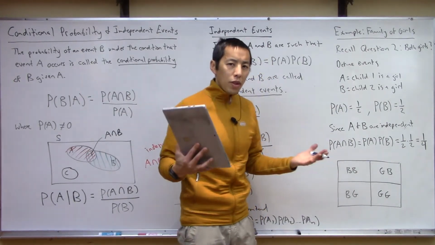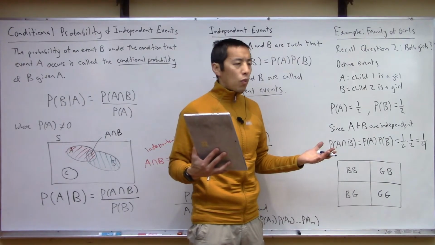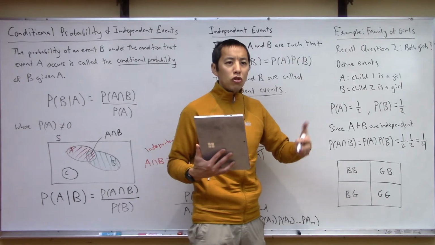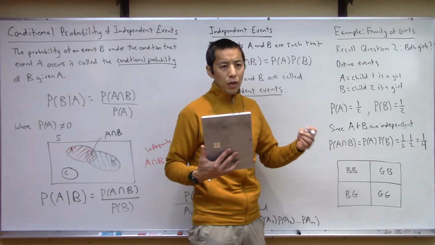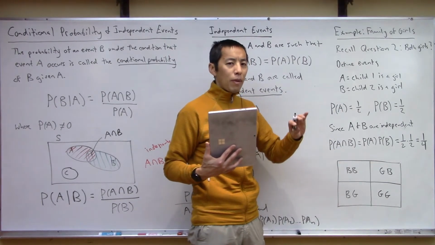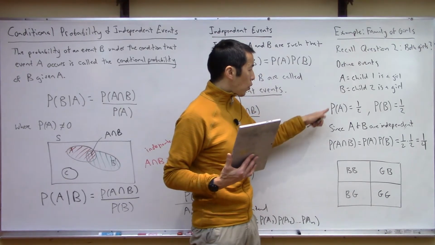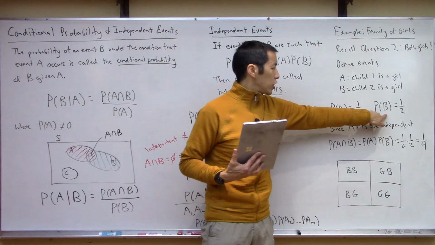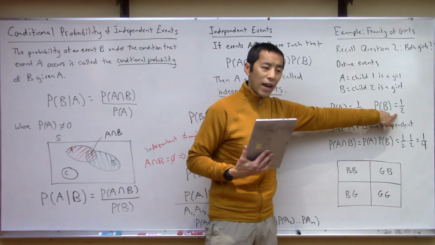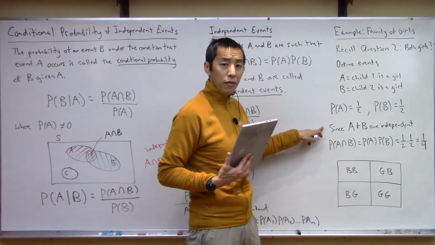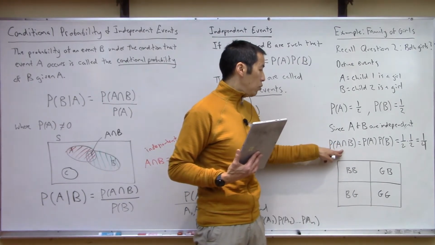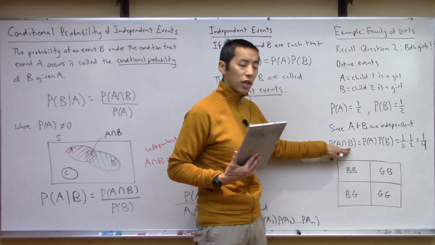Now, we know that these two events are independent of one another. When asked just in a vacuum like this, it's basically the equivalent of flipping two coins. The second coin flip has nothing to do with the first coin flip and vice versa. Therefore, the probability of child 1 being a girl is a half, and the probability of child 2 being a girl is a half. Since those two events are independent, we can look at the probability of A intersect B, which is now child 1 and child 2 are girls.